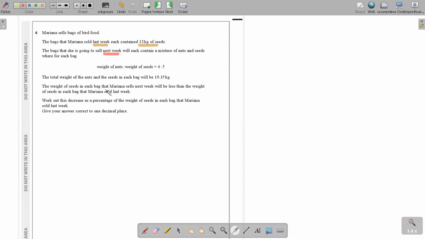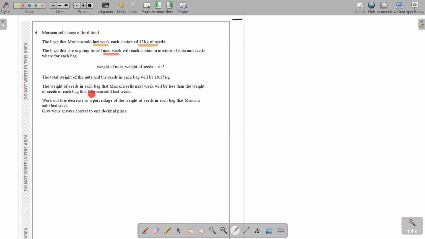The total weight of nuts and seeds in each bag will be 19.35. So they've given you the weight of a single bag. And you're supposed to find the weight of seeds in each bag that she sells next week.